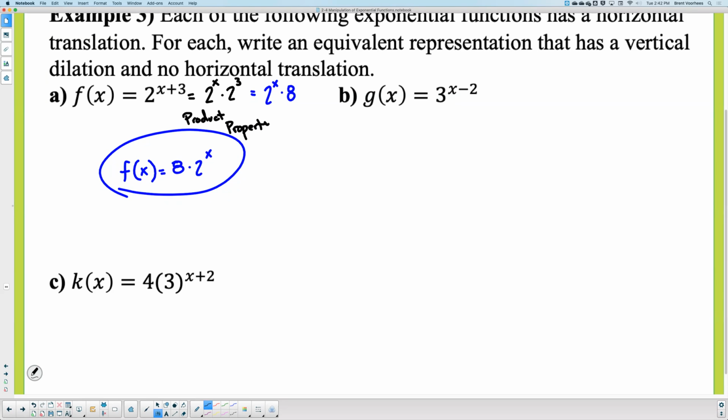All right, what property is going on this time? Quotient. The quotient property tells you one base with a power that's subtracting, you can rewrite as 2 bases that are dividing. 3 to the power of x divided by 3 squared.